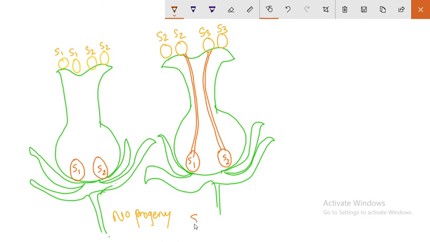So it will produce S1, S3 as well as S2, S3. So these two progenies will be produced only.